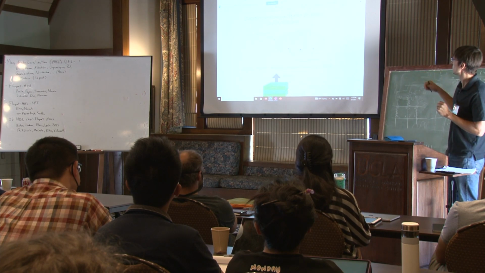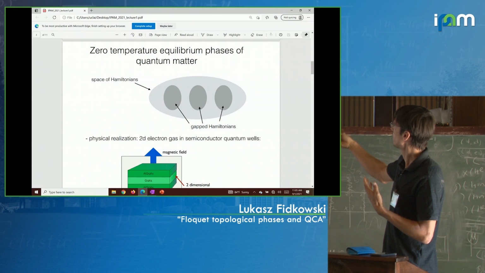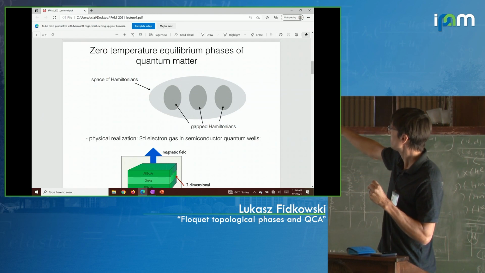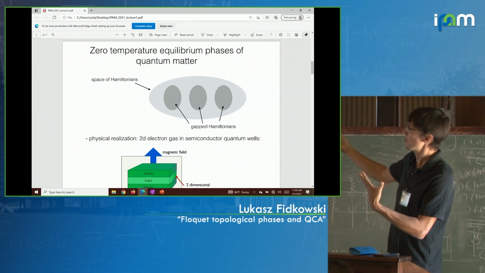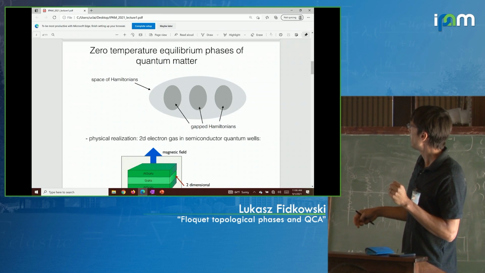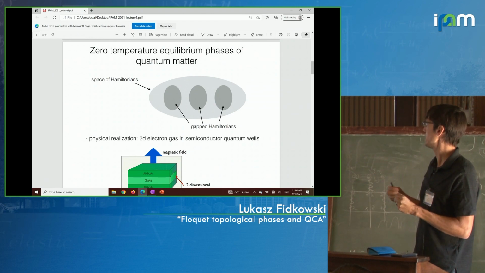I'm just going to put up this crude caricature, which tells you about what it is you're trying to do. Roughly speaking, you have this space of all Hamiltonians. Let's pretend we're working in 2 dimensions. So all 2-dimensional Hamiltonians. And then within that space of all Hamiltonians, you have gapped Hamiltonians.